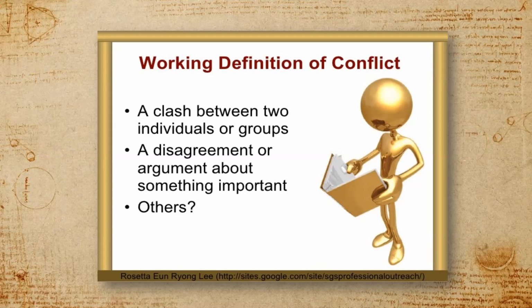So this is a clash between two individuals or groups. Conflict is a disagreement or argument about something important. Of course, there are many other definitions, but in general, conflict is a misunderstanding, disagreement or argument that two people, three people or a group of people might have related to particular issues.